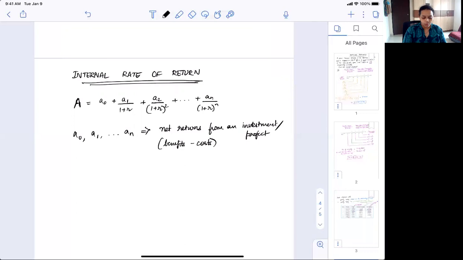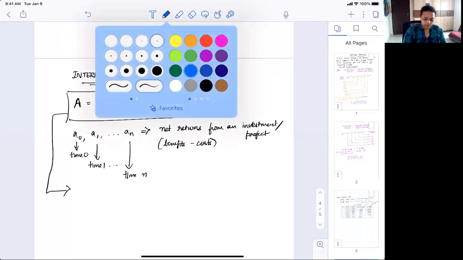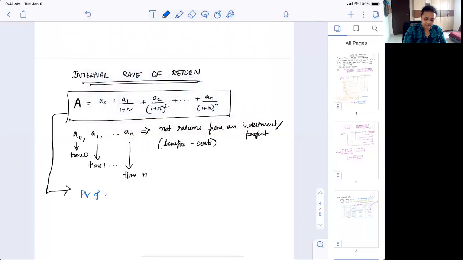Then what is A giving me? A0 is at time 0, A1 is at time 1, and so on, where AN is at time N. Now, what this A is giving me is nothing but the present value of a stream of net benefits or net returns from the project, right?